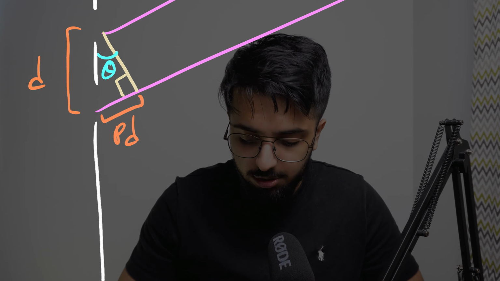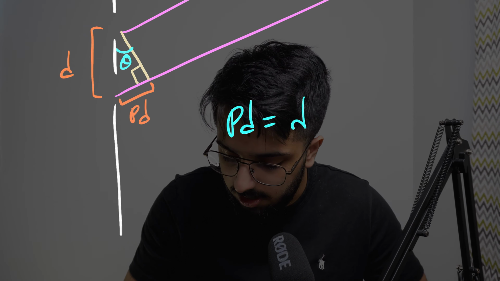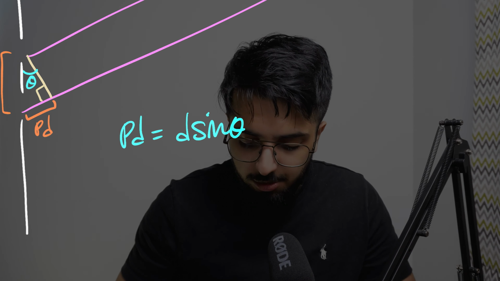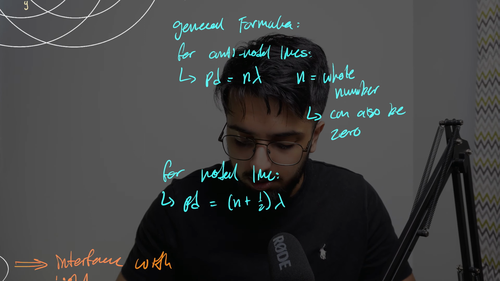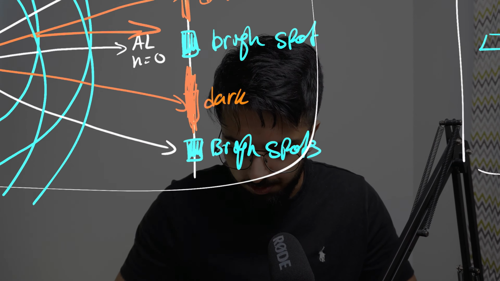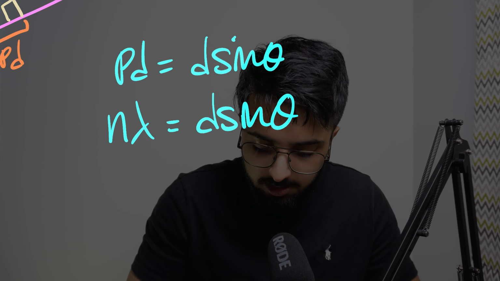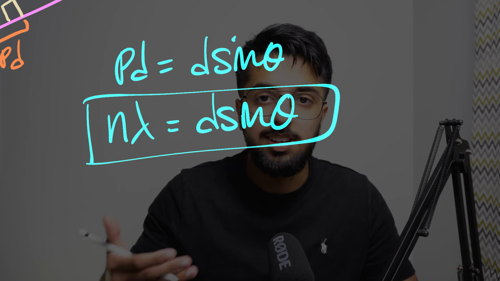And so from here, using our trig, we can get that the path difference is equal to d sine theta, okay? If you remember back to our previous video, we said that the path difference is equal to n lambda. So therefore, n lambda is equal to d sine theta. And that is the equation that you have probably seen in your formula sheet.